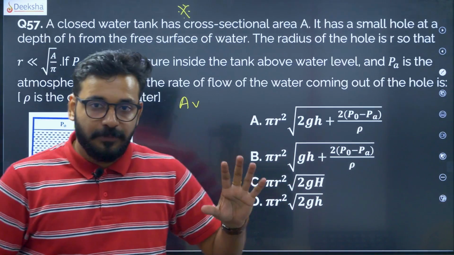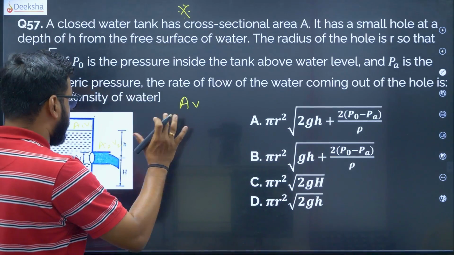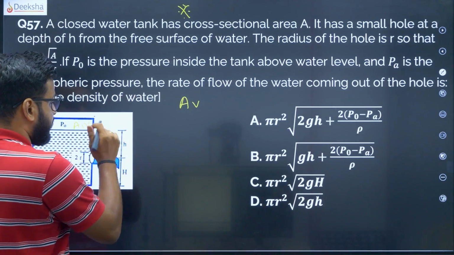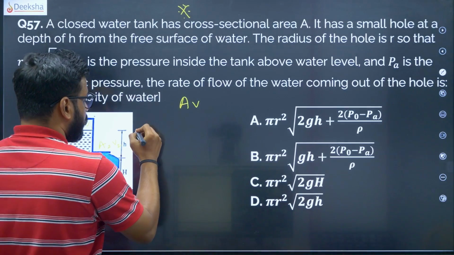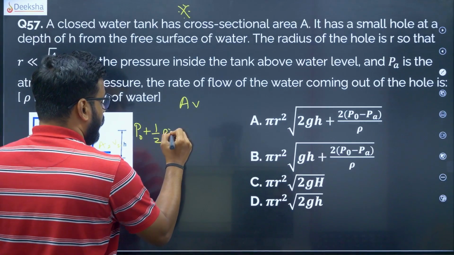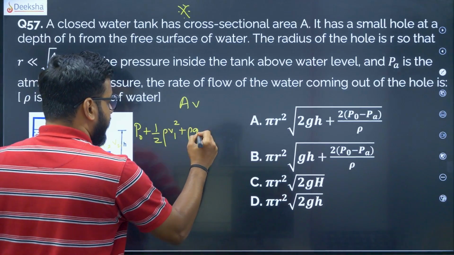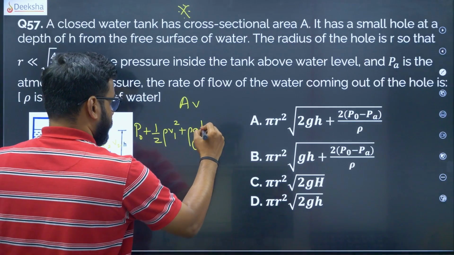So let's start with Bernoulli's equation. Just stay along with me. In Bernoulli's equation, we compare both the levels. The first level is the top of the tank, which has pressure P0 plus half rho V1 square, plus rho g h, small h.